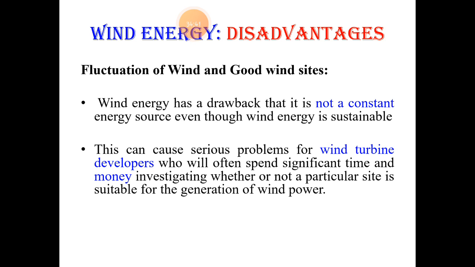Wind energy has the drawback as it is not constant energy resource throughout the day or an year. So this leads to loss and gain fluctuations even to the owners of the windmills.